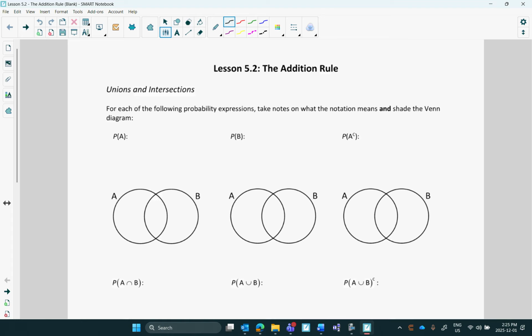If I ask to find the probability of A, there's really nothing to take notes on. It's just event A occurring. What would that look like visually? If I had two events that overlapped, it would just look like this.